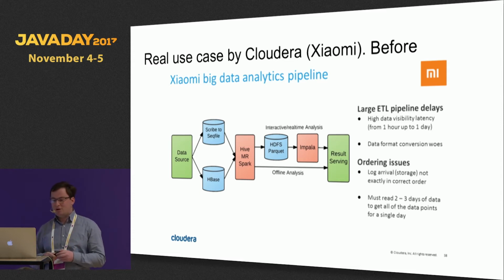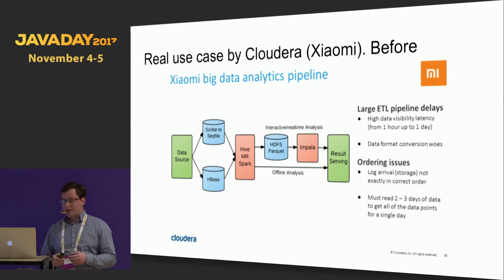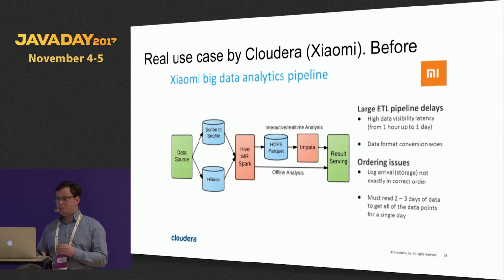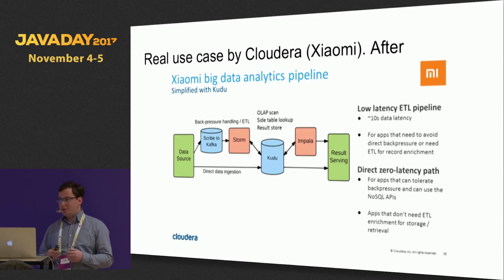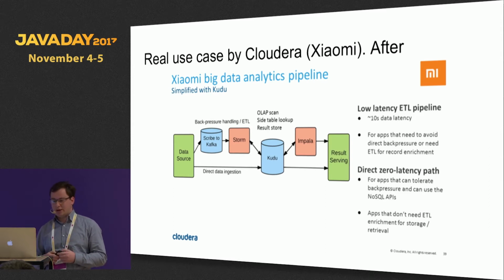They have Spark, then they store data into HDFS, and then use Impala to query this data. It's really helpful. You could find a lot of similar architectures in enterprise systems, but what did they change? They integrated Kudu as a middle layer for OLAP queries, and they use Storm just to push data into the database directly.